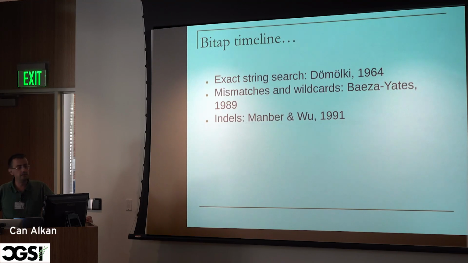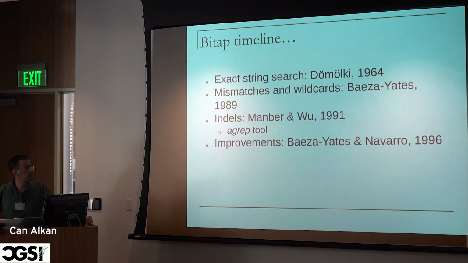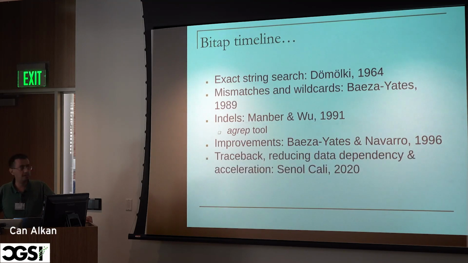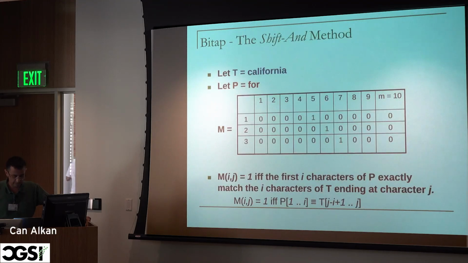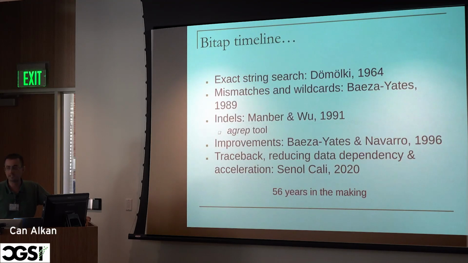Indexes were added into the algorithm in 1991, which is part of the agrep tool, available in most Unix systems. More improvements came from Zayas and Navarro in 1996. Then what Damla did was add the capability for tracing back, and she also reduced data dependency in calculations, and therefore provided acceleration. So this thing took 56 years in the making.